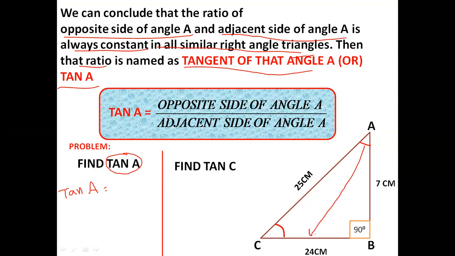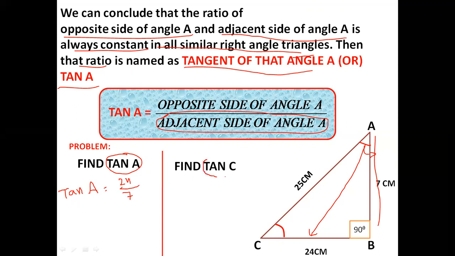That is 24. Write the numerator 24. What is the denominator, the adjacent side of angle A? That is AB, so it is 7. So 24 by 7.